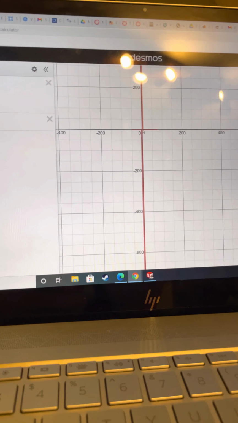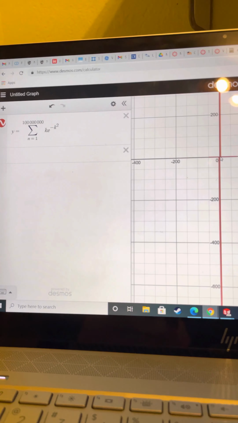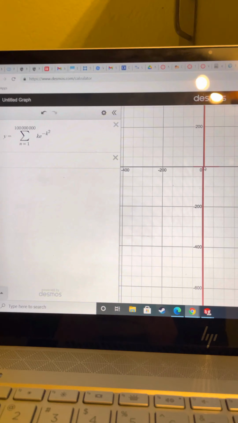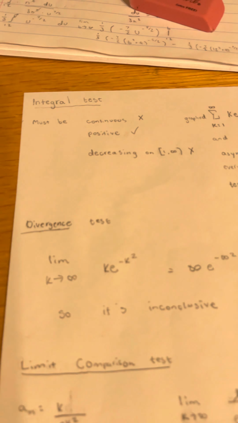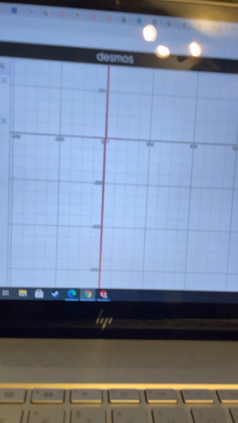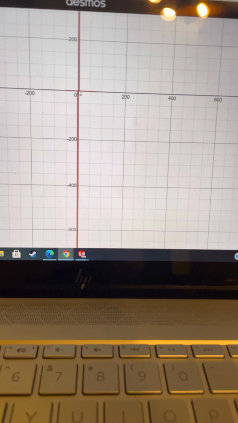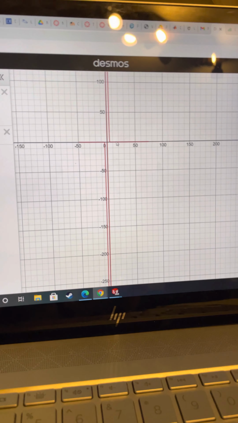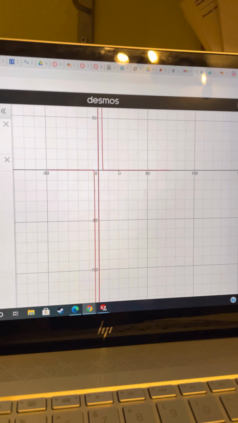So I'm pretty sure that would be a vertical asymptote, and it would not allow it to be continuous. So it wouldn't allow us to do our integral test. And also it wasn't decreasing on the interval 1 to infinity for the whole time. Its slope was 0, as we can see right there for that brief section. So I wasn't sure about that.